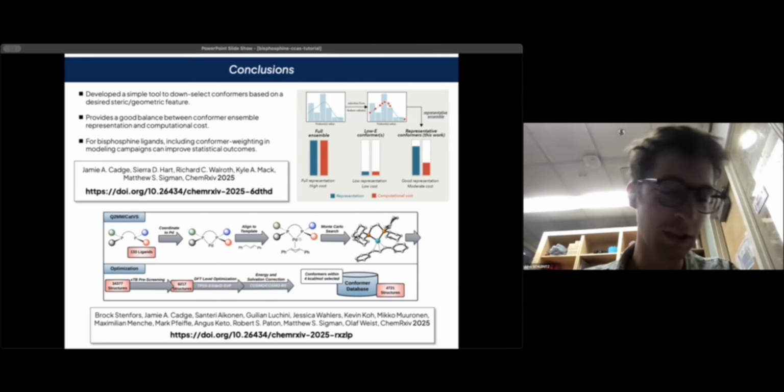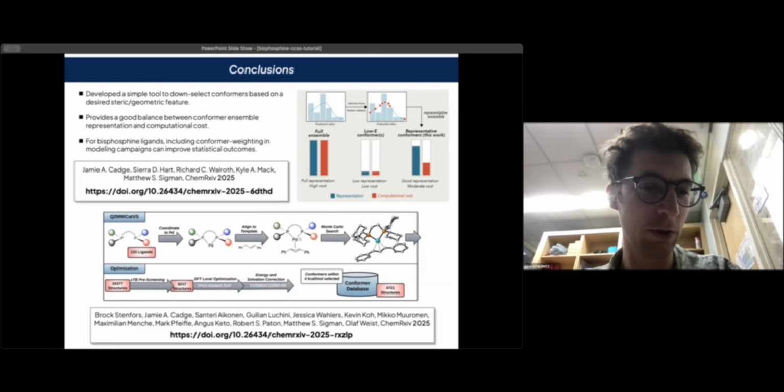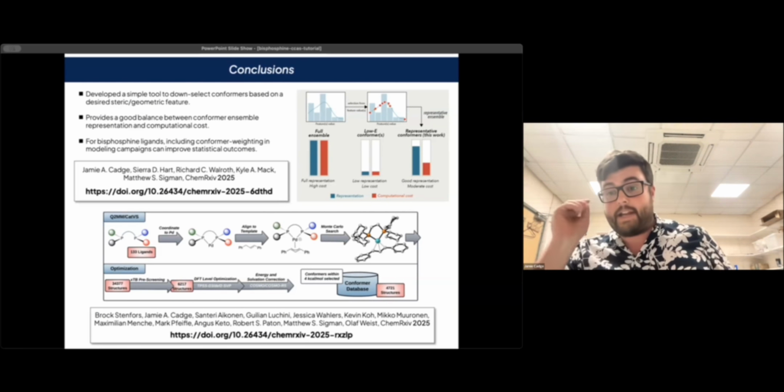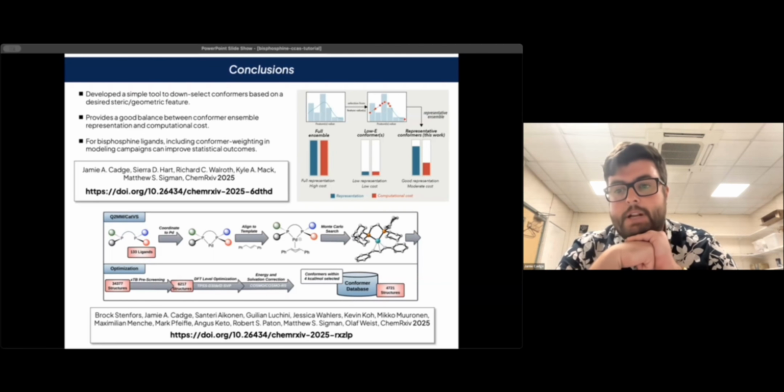Are there any perspectives on whether min and max are more important than Boltzmann descriptors? Gut feeling on this, based on some of the data that we've seen: with electronic features, you can pretty much get away with using the Boltzmann average, because the values of the features don't change that much.